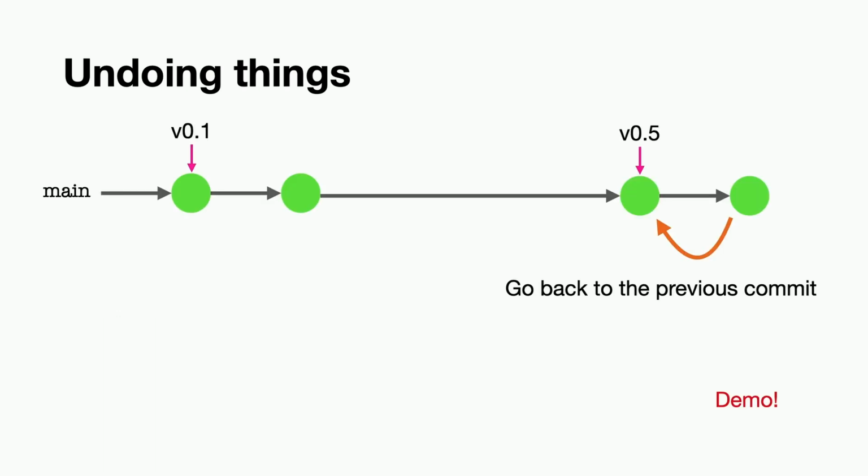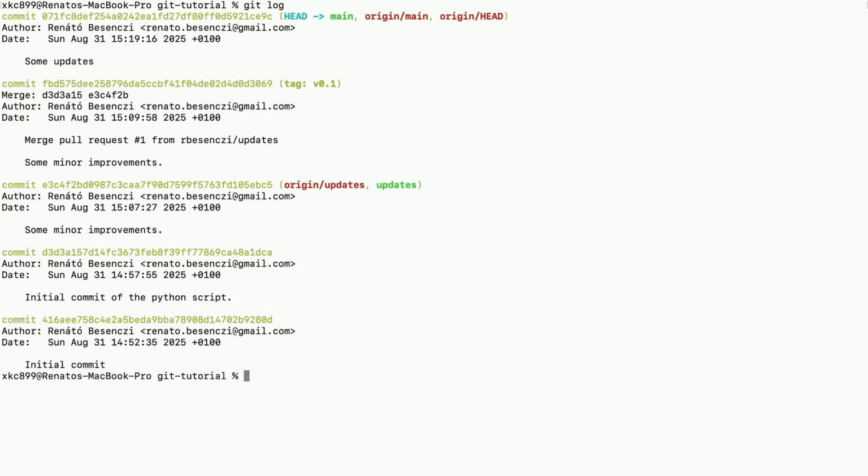Alright, let's see how this works. Before that, we can use the git log command, where we can list all the changes we made and list all the commits we did in the previous steps. And you can see that there's a commit ID for all the commits we made previously, which is a huge hexadecimal number.